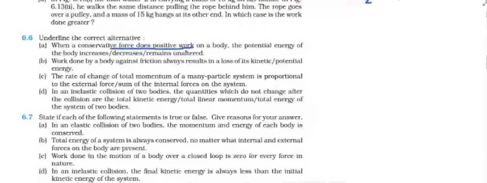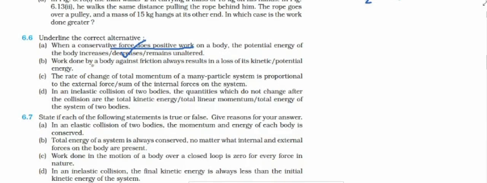For example, gravitational force is a conservative force. An object falls down, moving in the direction of gravitational force. Work done by gravitational force is positive, and it falls down. So what happens to potential energy? The potential energy decreases. Therefore, when a conservative force does positive work, potential energy decreases.